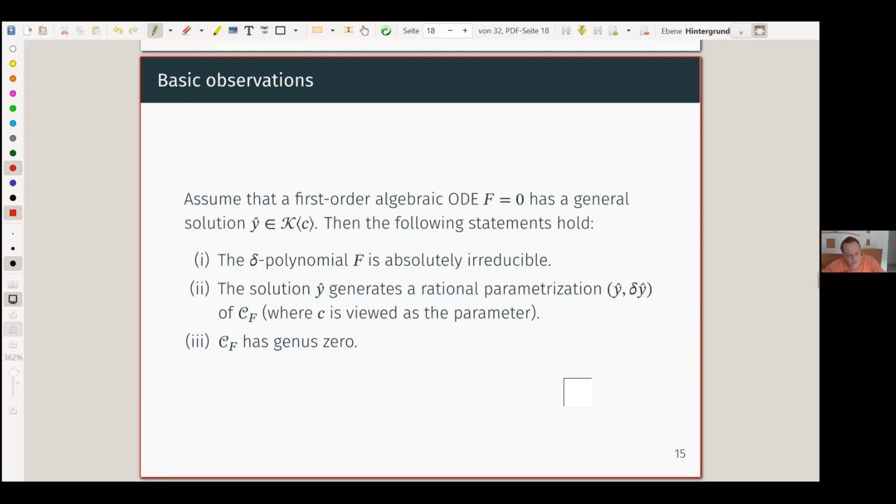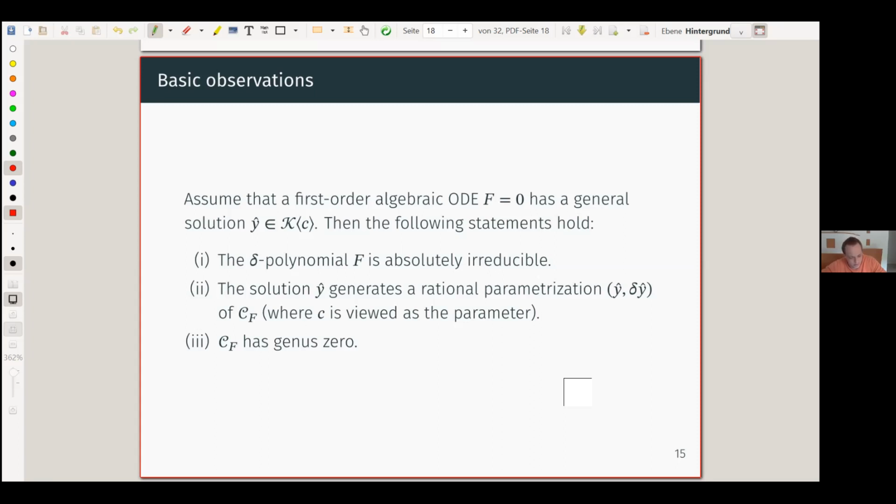But first, let me just say a couple of very obvious observations which we can take at the beginning. So if you have such an AODE, and this has such a very simple general solution, so one that can be constructed by joining an arbitrary constant to k, then this delta polynomial must be absolutely irreducible.